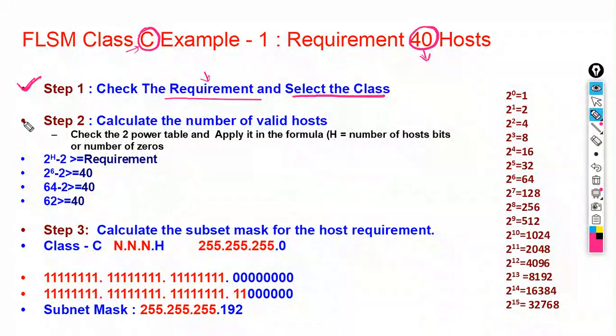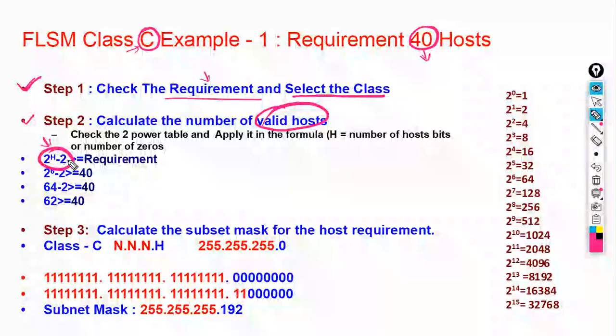Now, what is the second step? Okay guys, before moving forward, there are two simple formulas you need to remember for subnetting. The first formula is to calculate the number of valid IP addresses. The formula is 2 power h minus 2. So why are we subtracting 2 here?